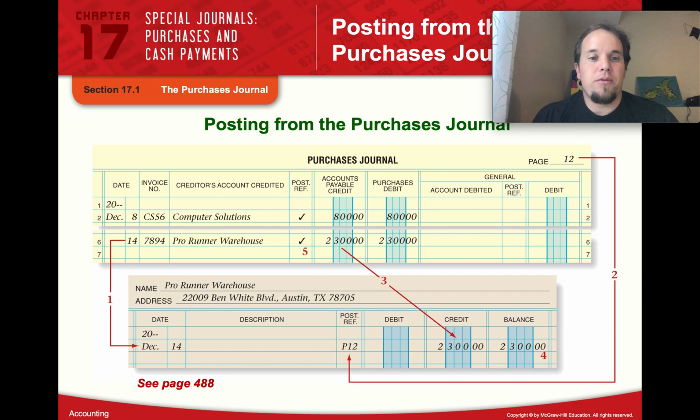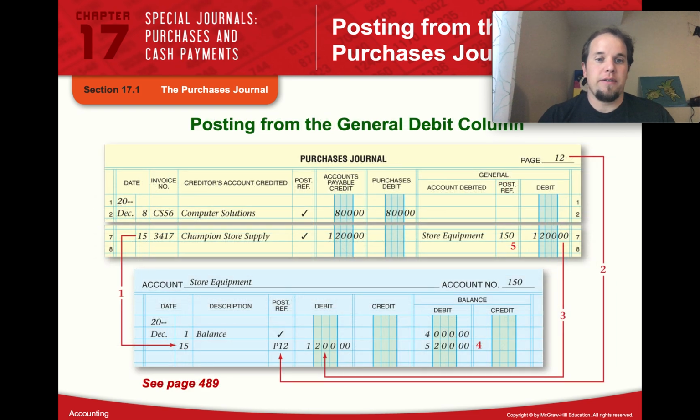For example, for Pro Runner, this $2,300 would be going into the accounts payable subsidiary account, just as we looked at the accounts receivable subsidiary. It'll identify what purchase journal it came from, the date, and the total amount. So this company owes $2,300. It's put on credit in that accounts payable, and then the balance would also be $2,300.